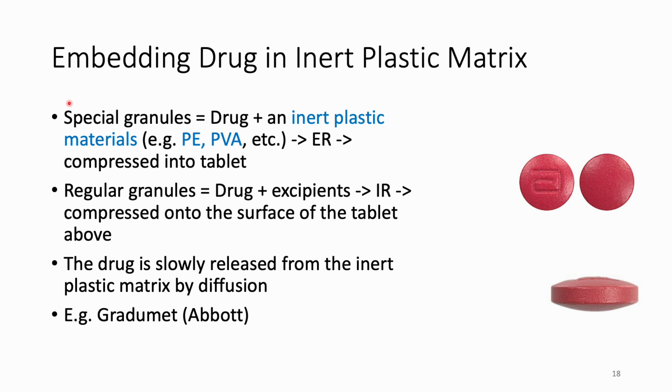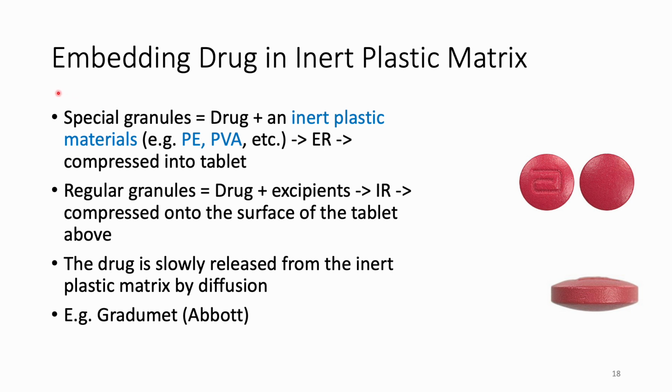The next special technique is to embed the drug in an inert plastic matrix. Remember our previous slide showed that the drug is embedded in the hydrophilic matrix. For this case, the matrix is made from a different material. That's a plastic, and it's not hydrophilic; it's hydrophobic.